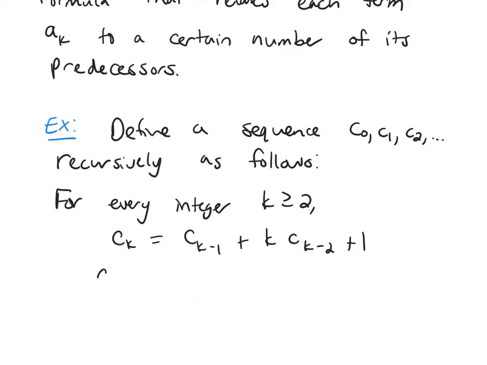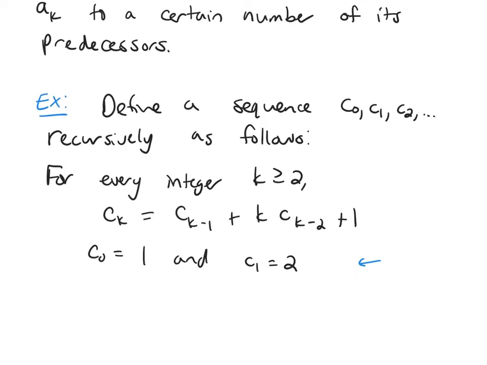And then I'm going to tell you C0 is 1 and C1 is 2. These bottom two right here are called the initial conditions, and this equation right here is your recurrence relation. So the kth term is defined in terms of the two terms that come before it. Okay.